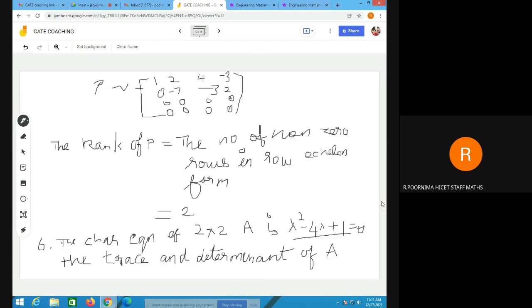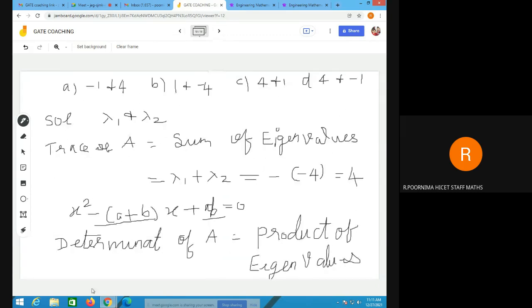Here we have to compare this with the constant term 1. So lambda 1 into lambda 2 is plus 1. Therefore, the determinant is 1. So the trace is 4 and the determinant is 1, so choice C, 4 and 1.